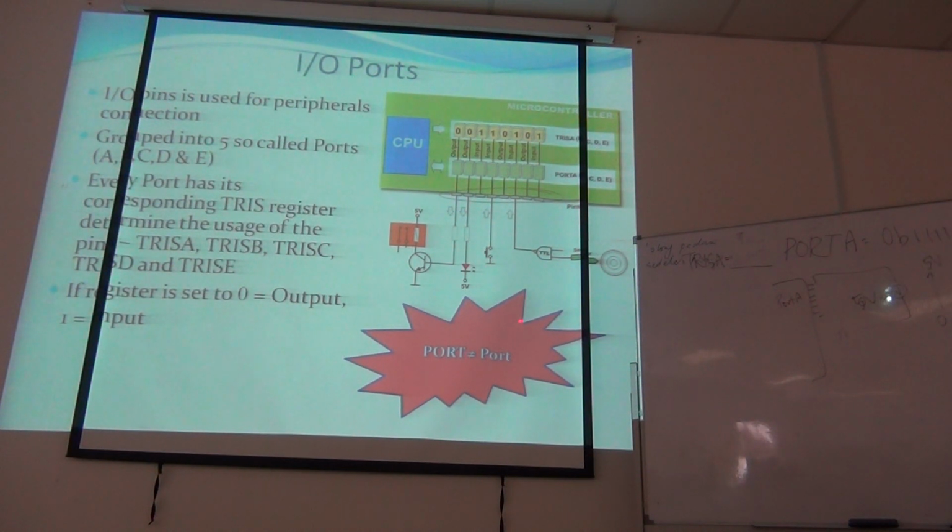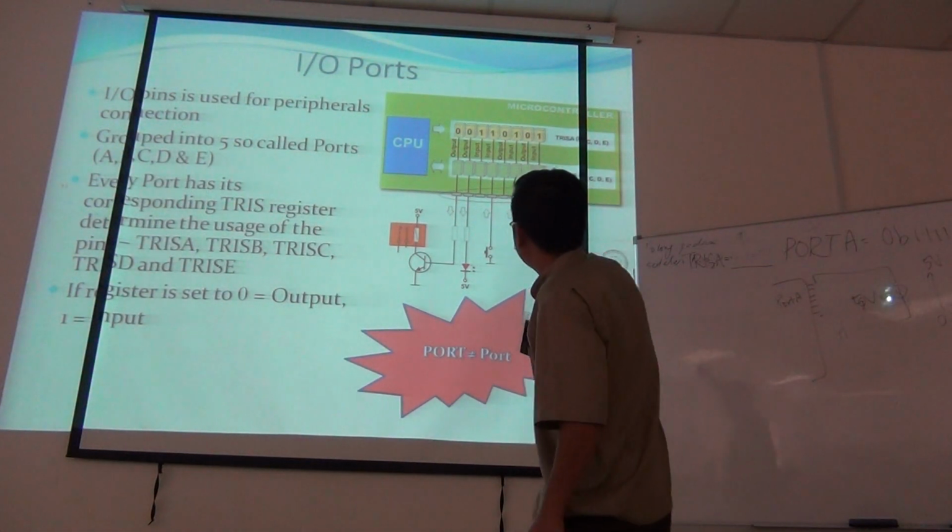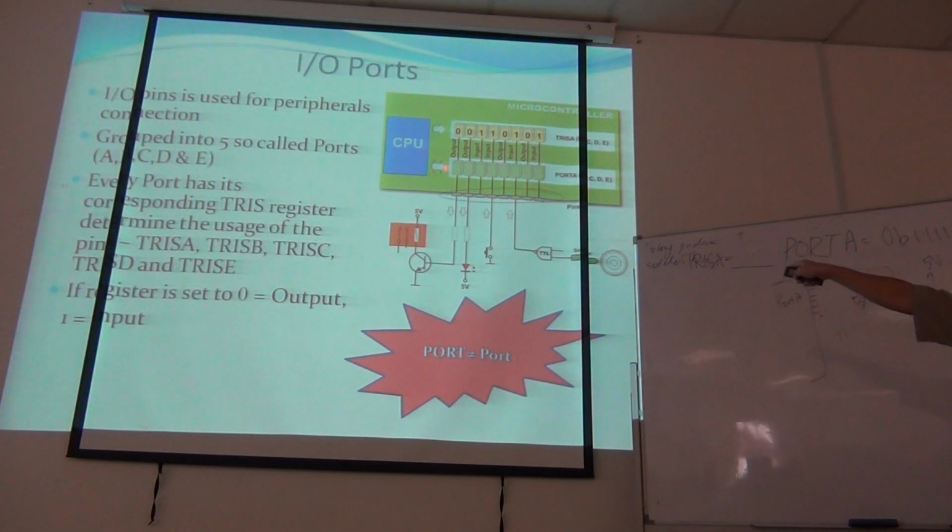What is the input? What is the output? The first one, this is input. This is a sensor. Sensor must be input. Switch must be input. LED is output. This is another switch, a relay, I think if I'm not mistaken. So you are going to turn on the transistor. This is output. So that is actually output and input. Okay, clearly.